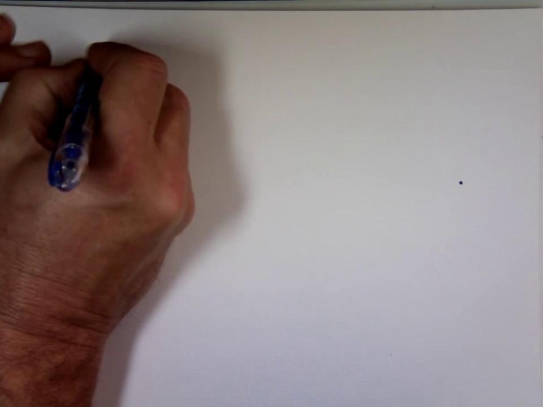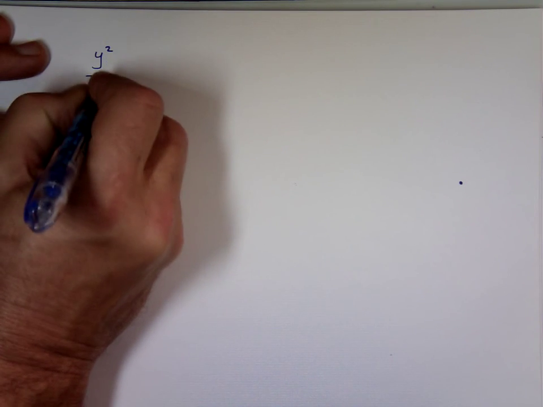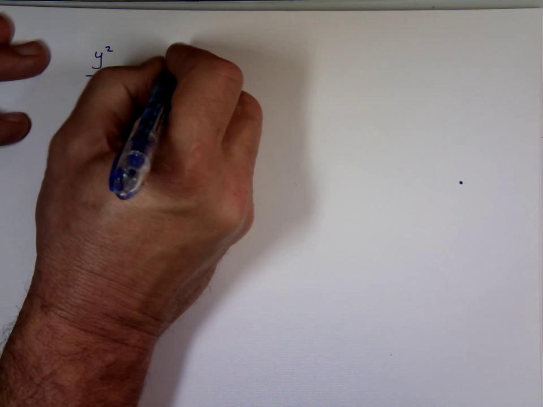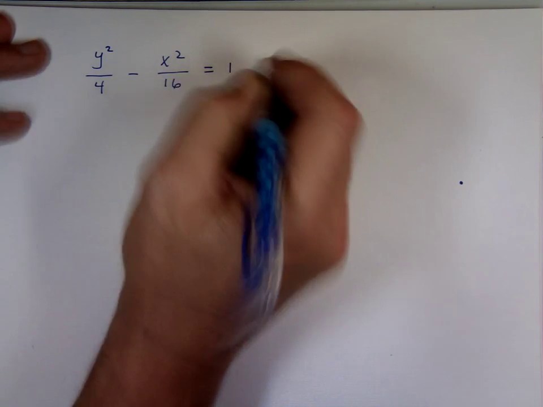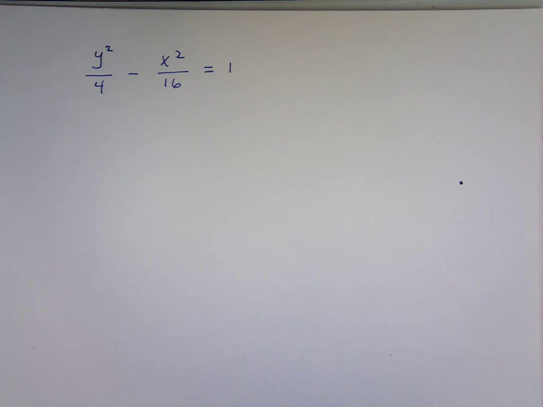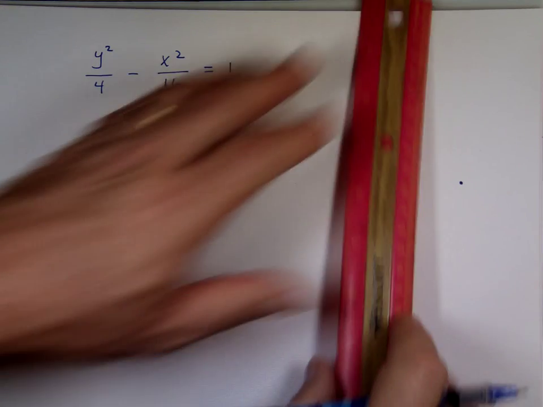I'll do y squared over 4 minus x squared over, I don't know, 16. Now this is a hyperbola. It's going to cross which axis?